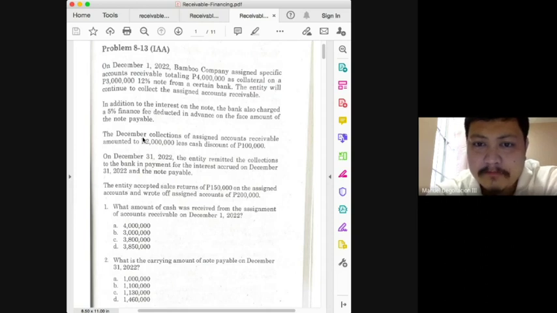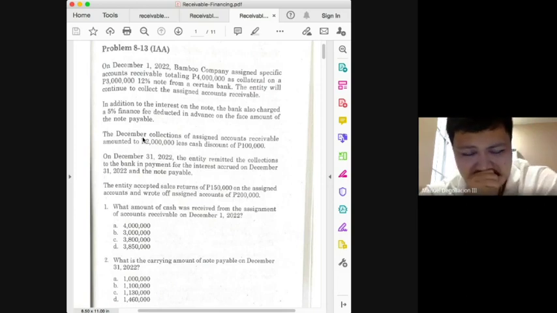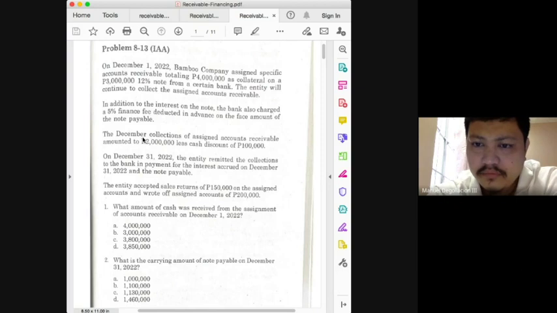And if you read question number one, what amount of cash was received from the assignment of accounts receivable?